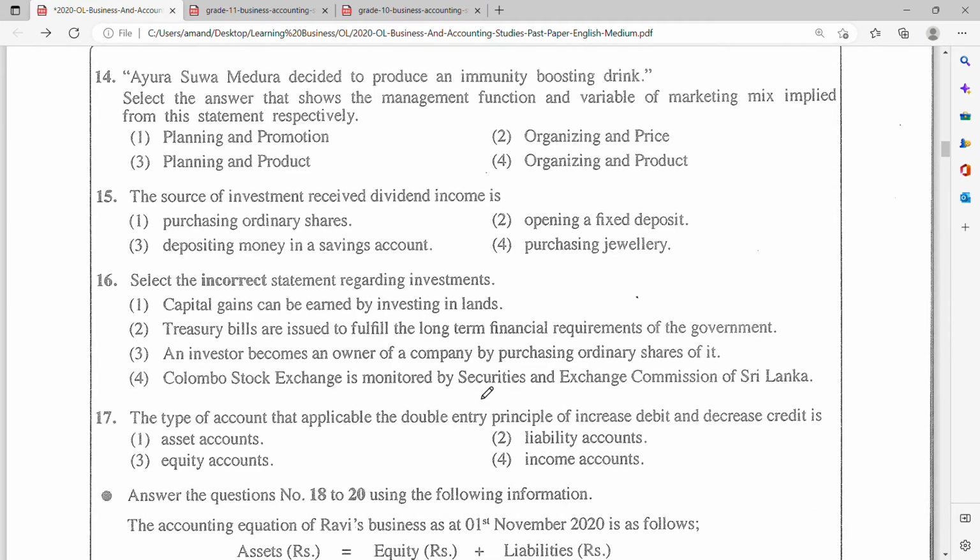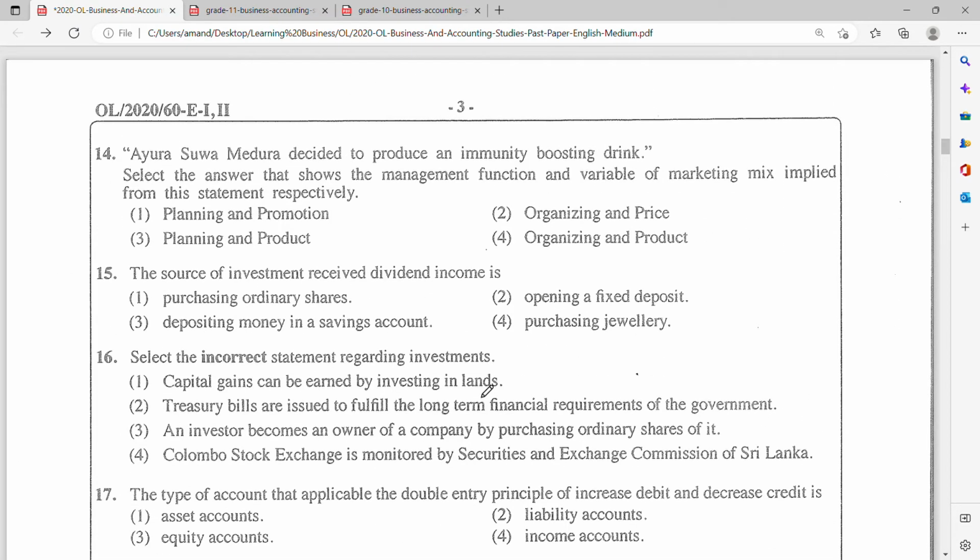Question 14. Ayura Suvamadura decided to produce an immunity boosting drink. Select the answer that shows the management function and variable of marketing mix implied from this statement respectively. So we know there are 4 management functions: planning, organizing, leading and controlling.